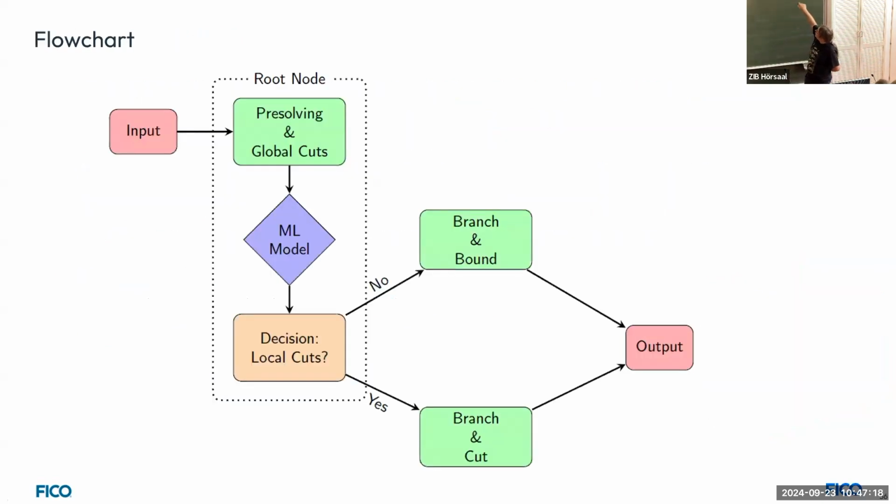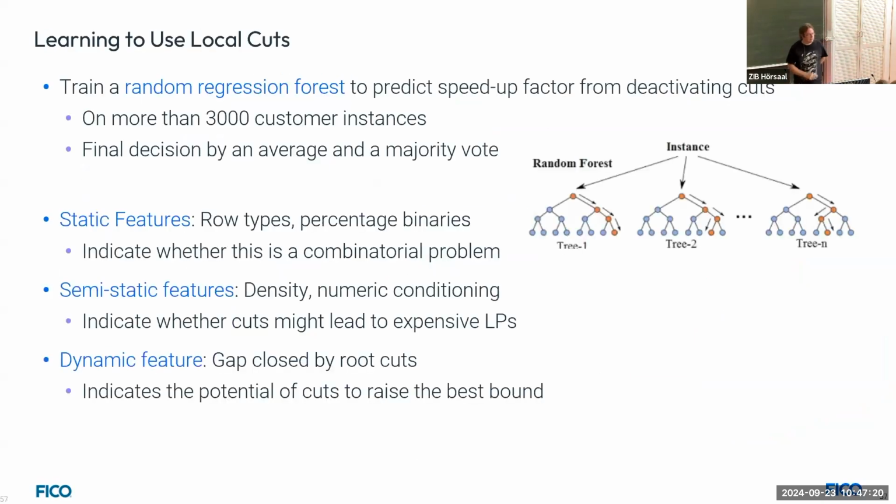And a very glorified way of stating this question is this flowchart. Again, we used a random regression forest that we trained on thousands of customer instances, and we applied a quite conservative approach where the final decision was not made by only using an average, but also by an additional majority vote from the trees in the forest.